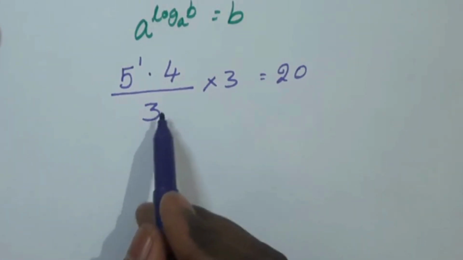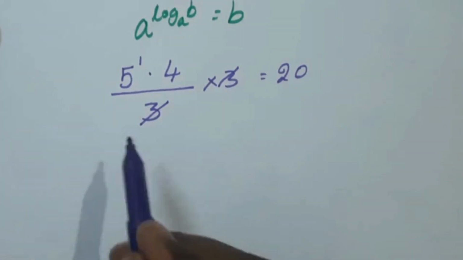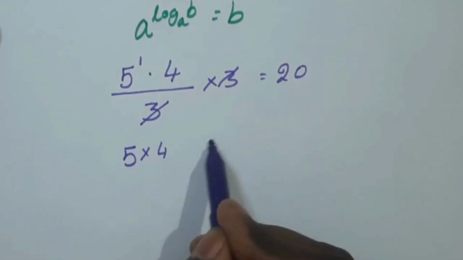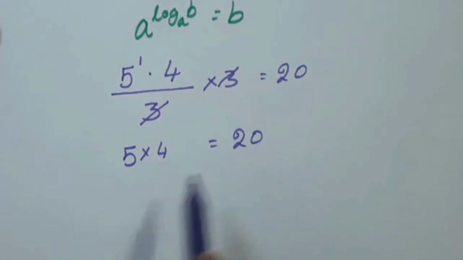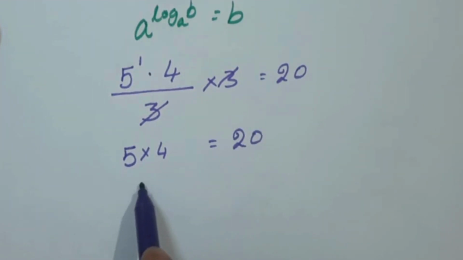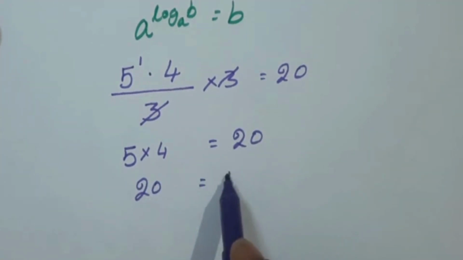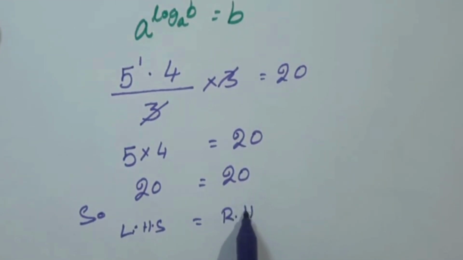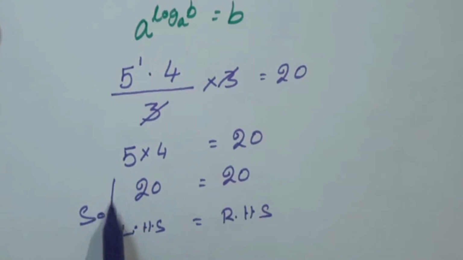Now this 3 cancels this, so we have 5 into 4 equal to 20. 5 into 4 is 20 equal to 20. So LHS equal to RHS. It is verified.